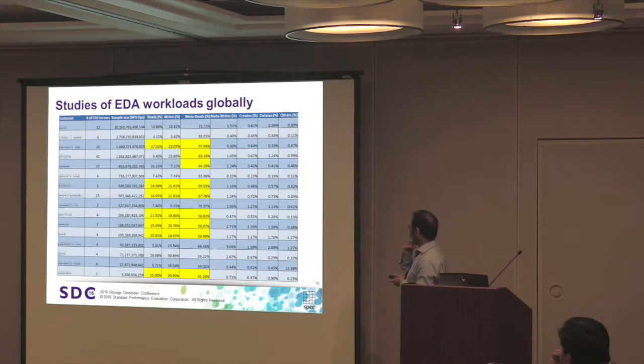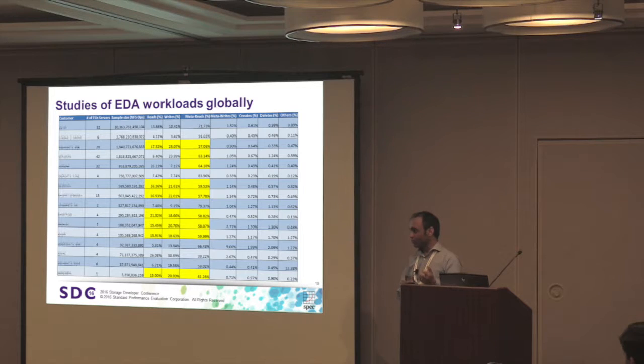There is also some uniqueness at certain EDA shops which tend to blend hardware engineering workflows with software engineering workflows. What this means is the chip design flow that I described to you is explicitly just the hardware engineering. It's the chip design process.